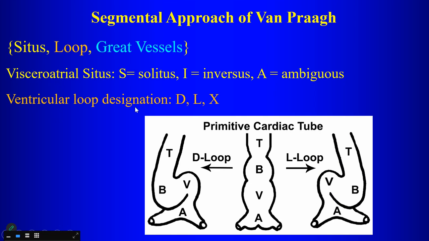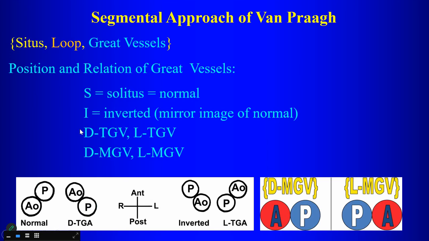For visceroatrial situs, S is the abbreviation for solitus, I is the abbreviation for inversus, A is the abbreviation for situs ambiguous. For ventricular loop designation, D is D-loop ventricles, L is L-loop ventricles, X is can't tell. Okay?